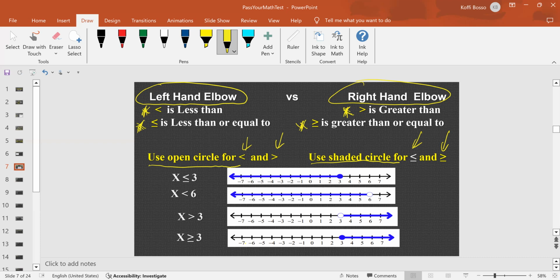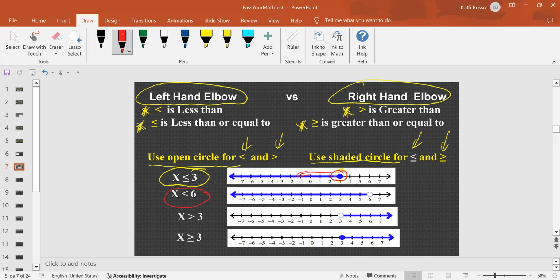As an example, when you have x is less than or equal to 3, you'll see that at the 3 they shade, and because it's less than or equal to, they go to the left side.